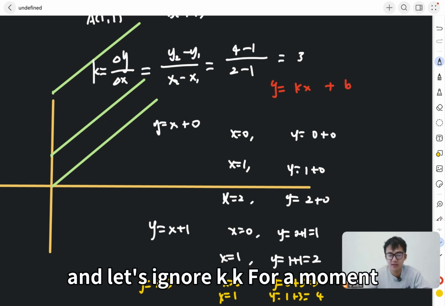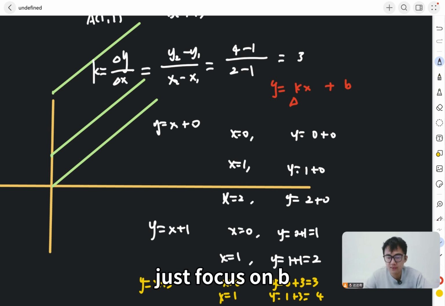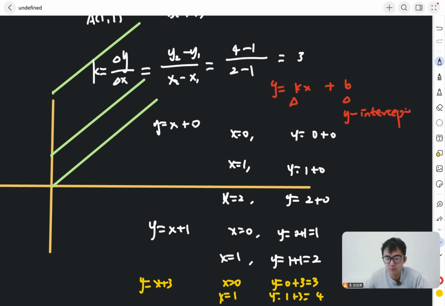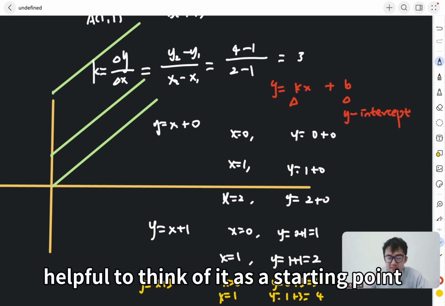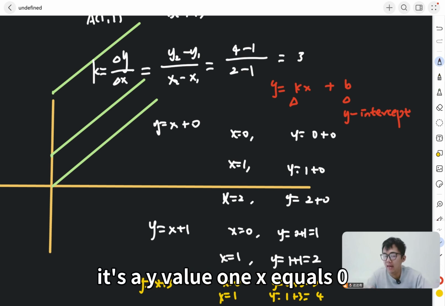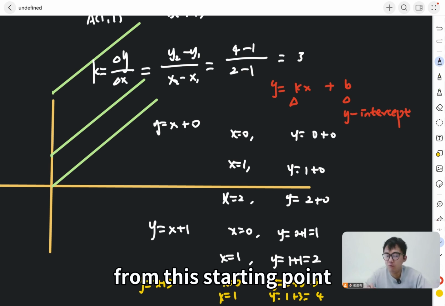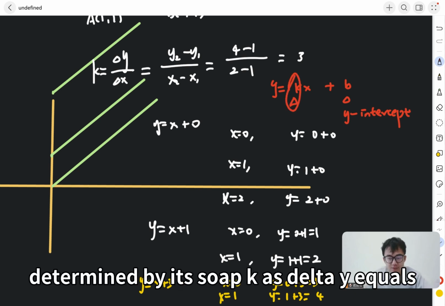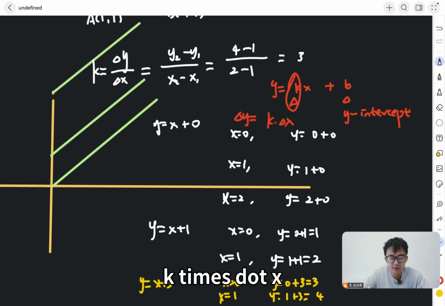And let's ignore k for a moment. Just focus on b. We call b the y-intercept. It's helpful to think of it as a starting point on the y-axis. It's the y value when x equals 0. From this starting point, the growth rate is determined by its slope k, as delta y equals k times delta x.